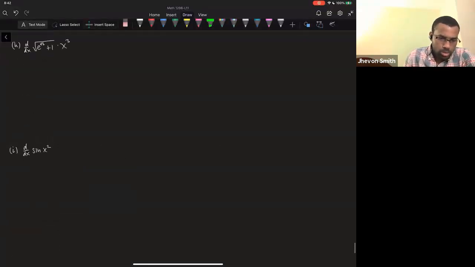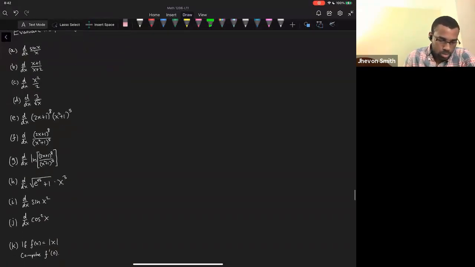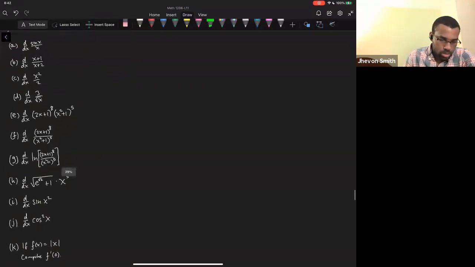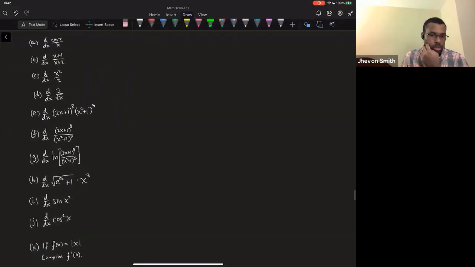No, I don't need that much space for those guys. Okay. That's them at a glance. After doing this, I don't think we're going to do anything else.